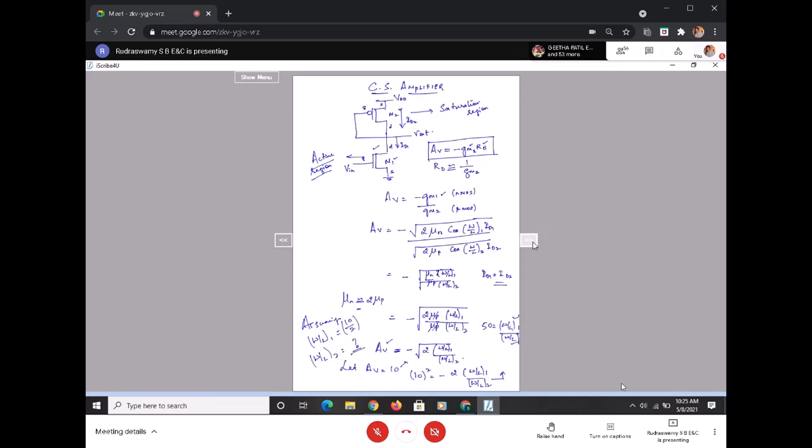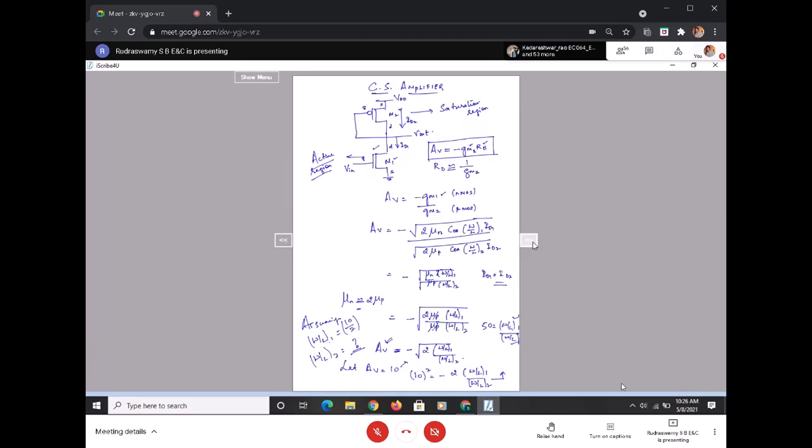This is how you calculate. Assume a gain, you can assume 10 or 20 or 30, and then the width and the length, and make sure that your width is greater than your length. Is that clear? Don't have your length bigger and the width smaller. It is the length that is very small, because we are dealing with short channel transistors, or scaled transistors.